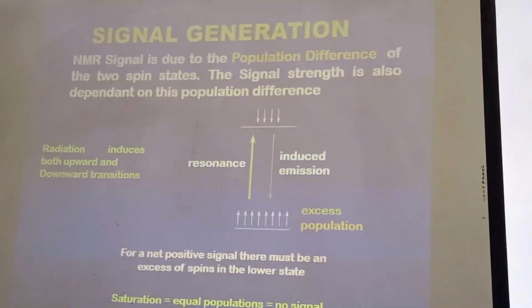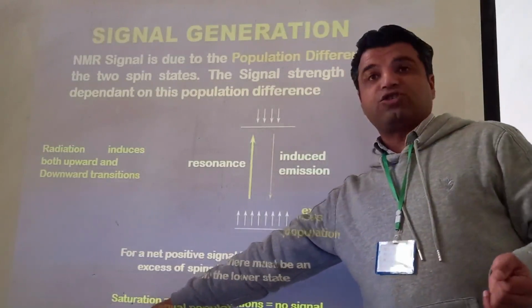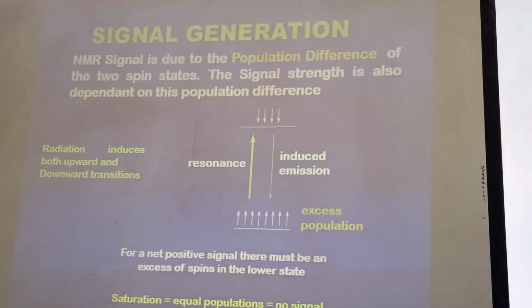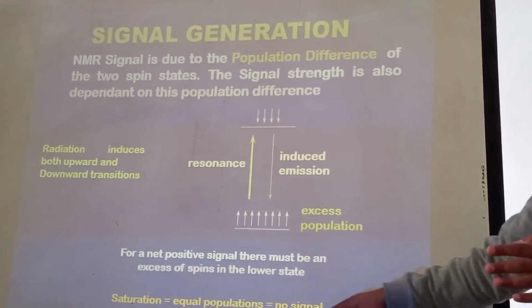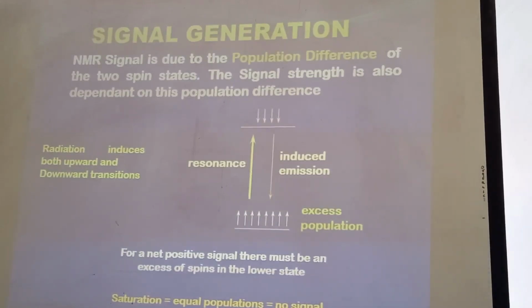That condition is known as saturation. So if the system is saturated, the number of nuclei in alpha state are exactly equal to the number of nuclei in beta state. In other words, if the population of alpha and beta state is similar, we say that the system is saturated, they have equal population, and there is no signal.